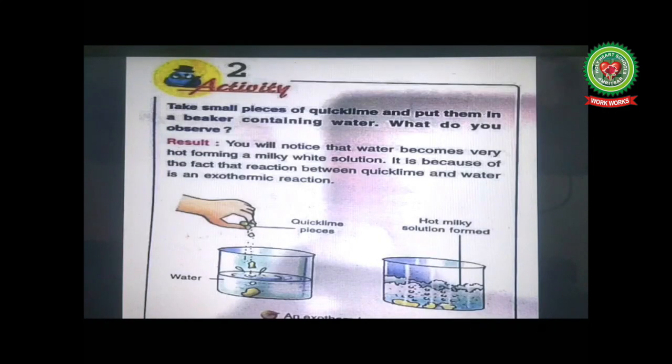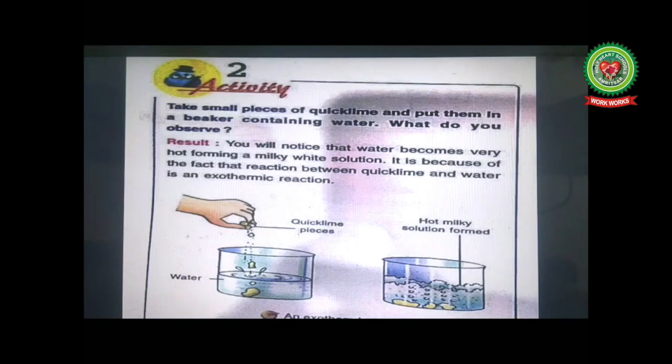Now let's discuss this activity. Take small pieces of quicklime. Quicklime in Hindi is called chuna, and put them in a beaker containing water. What do you observe? Result will be, you will notice that water becomes very hot. Why does it become very hot? Because heat is released during this process. Heat is liberated, given out during this process, forming a milky white solution.